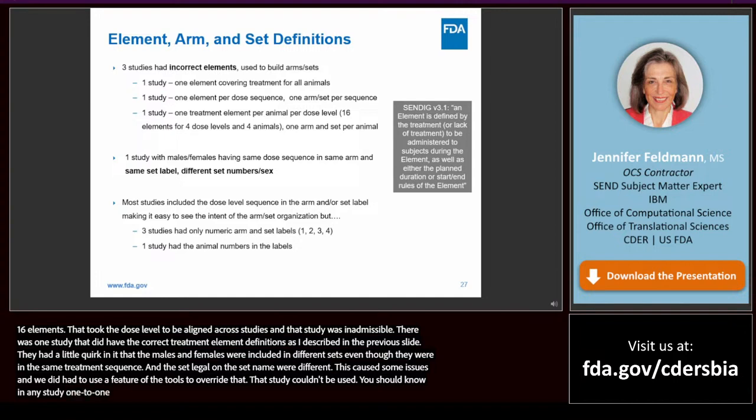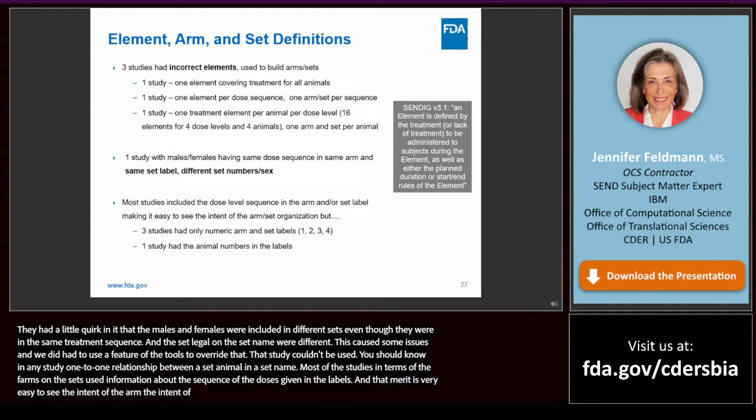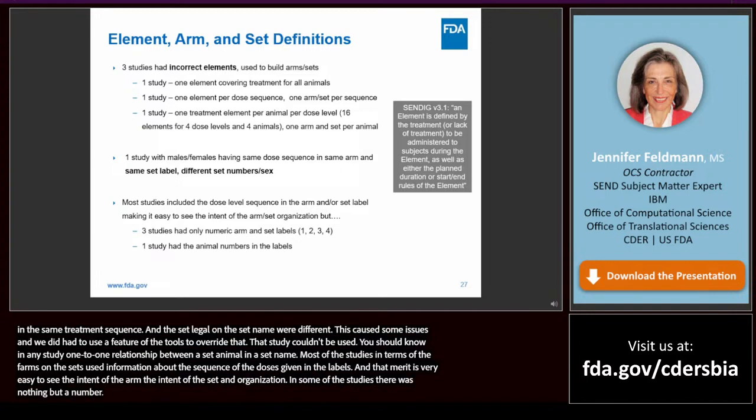Most of the studies, in terms of the arms and the sets, used information about the sequence of the doses given in the labels. And that made it very easy to see the intent of the arm, the intent of the set organization. But in some of the studies, there was nothing but a number, 1, 2, 3, 4 for the sets, 1, 2, 3, 4 for the arms.